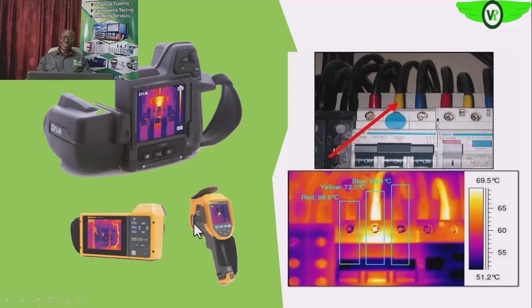So with the infrared camera or infrared thermography, this technology, we'll be able to look at the entire electric motor system: from the power supply through the feeder lines, all the components of the feeder lines, the electric motor itself, and of course the load on the electric motor, the compressor, the pump, and the fans, and what have you.